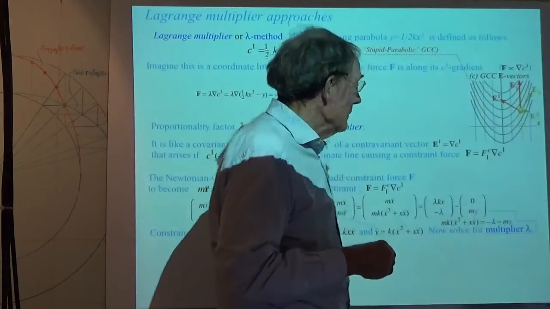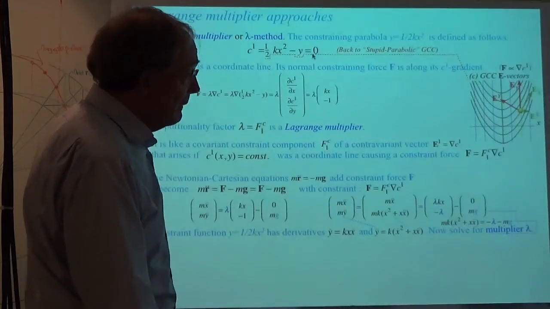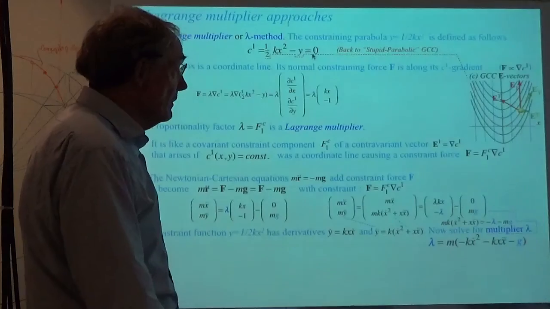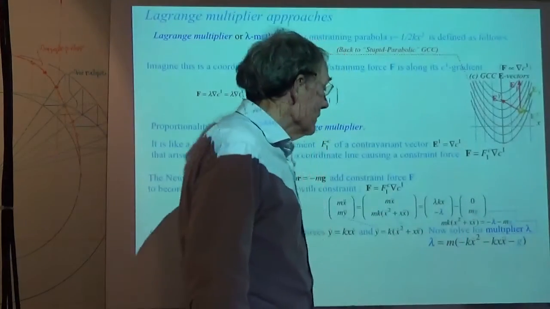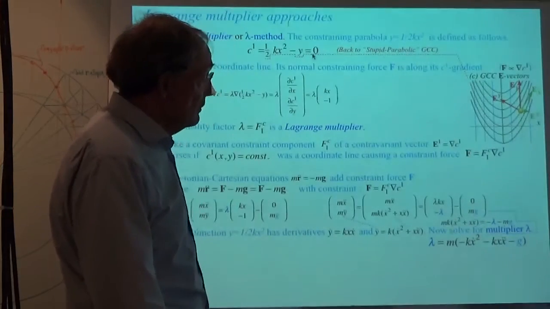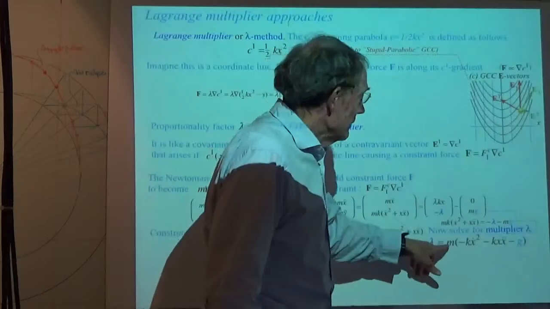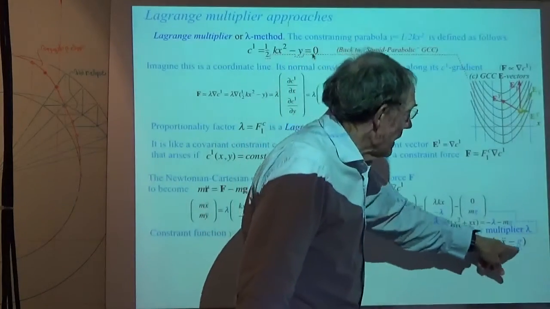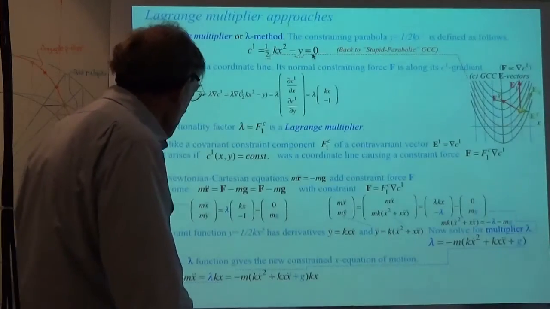That is lambda here. Well, the only problem with this method is you've got to find lambda. Okay? Well, that's pretty easy to do. Just usually it's easy to do, particularly since it comes in linearly. So you are getting here lambda equal m blah blah blah blah. Okay, now we can go back and substitute that into the equation of motion.